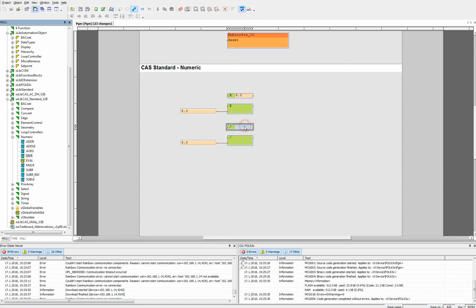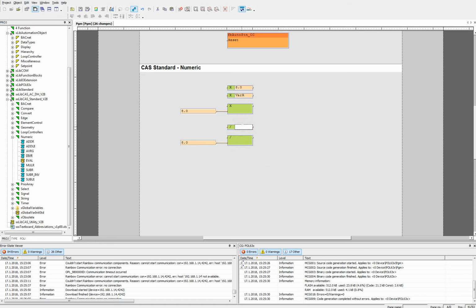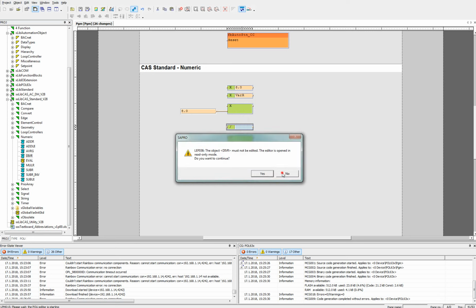And we can write the value directly. So var r and var r, which is defined as 8.